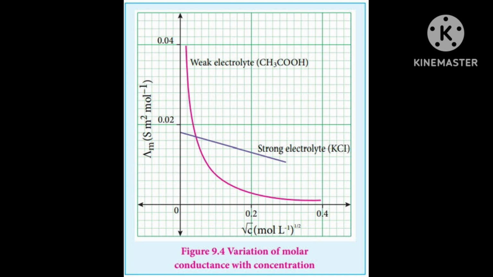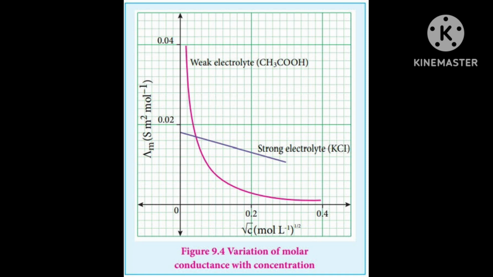Correct? Because concentration is mole per liter, means 1000 centimeter cube. That's why this 1000 you have to write upside. Then kappa into 1000 divided by C. That is the molar conductivity.